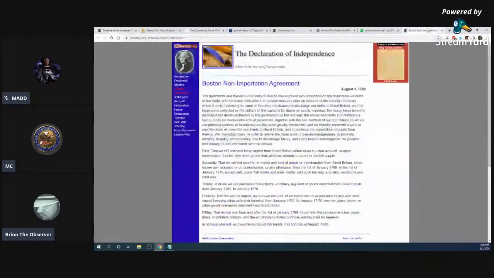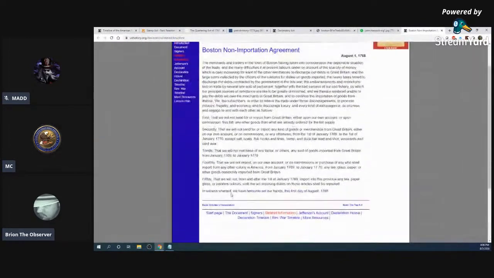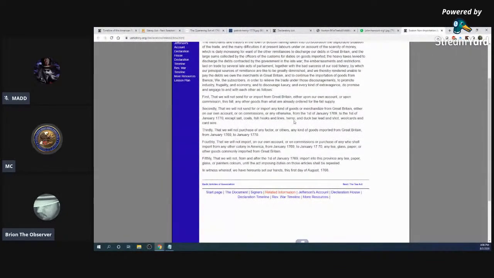If you take a look at what they're doing, first of all, we will not import to Great Britain on any account. We will not send goods or merchandise to Britain, either on our account or on commissions. This includes import, rather, anything except for salt, coals, fish hooks and lines, hemp, duck, bar lead, and shot, wool cards, and wire.